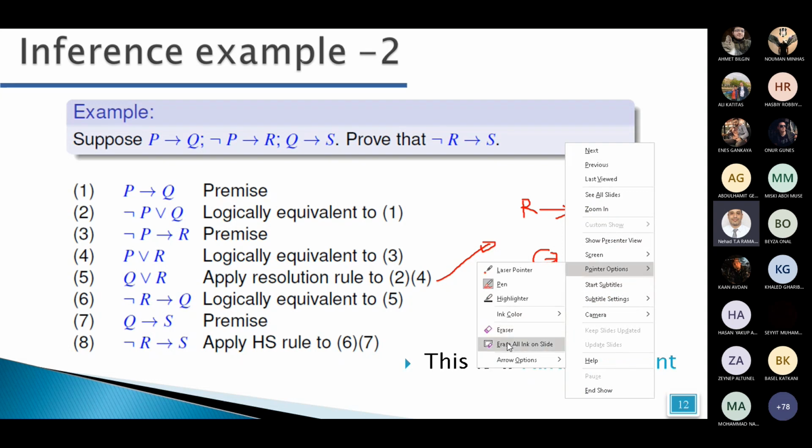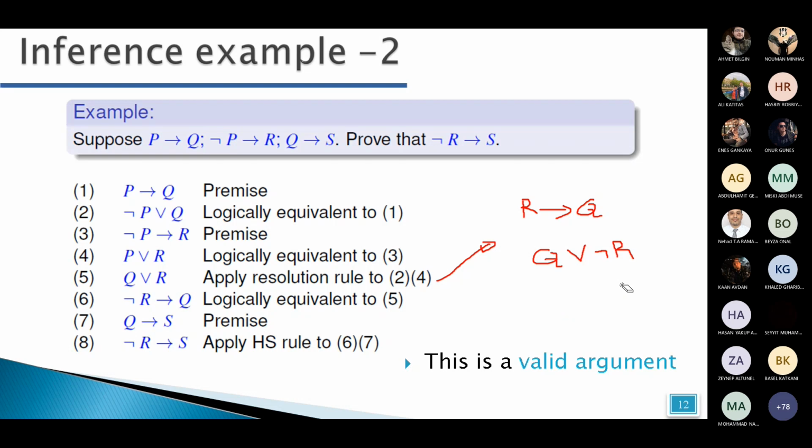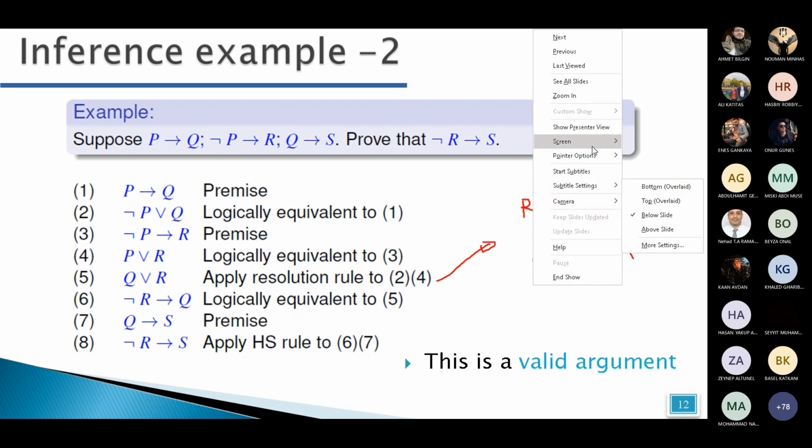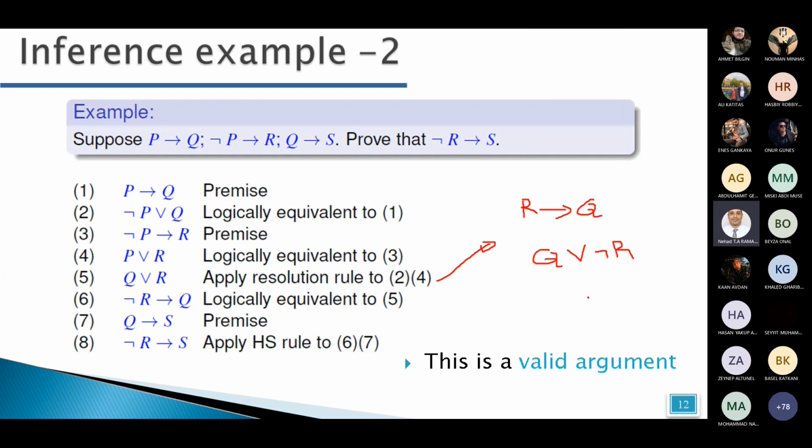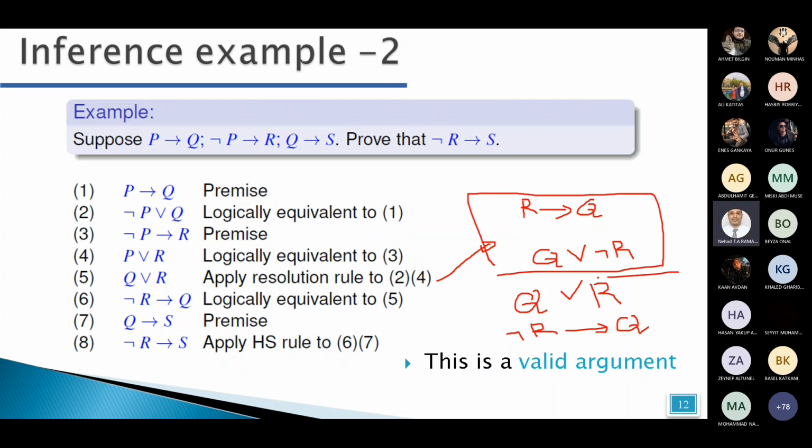But we need this one. So the opposite: if I have Q or R, we can get not R implies Q. From the logical equivalence rule, if we have Q or R, we can get not R implies Q.